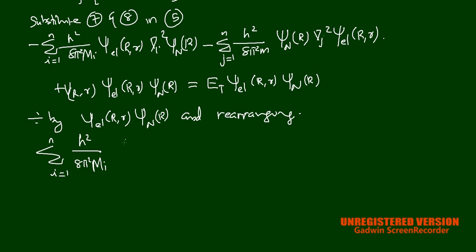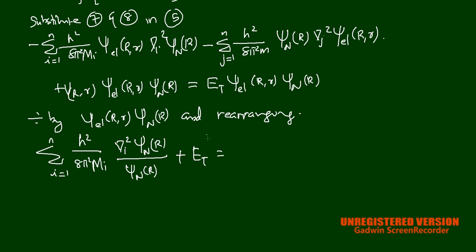What remains is del i square psi N(R) divided by psi N(R). Then the right hand side is ET times psi electronic psi N divided by psi electronic psi N, so only ET remains.